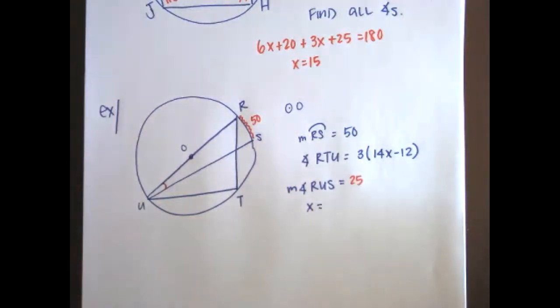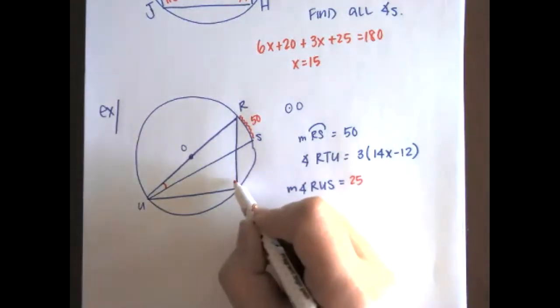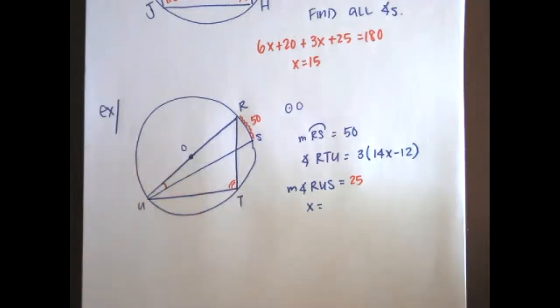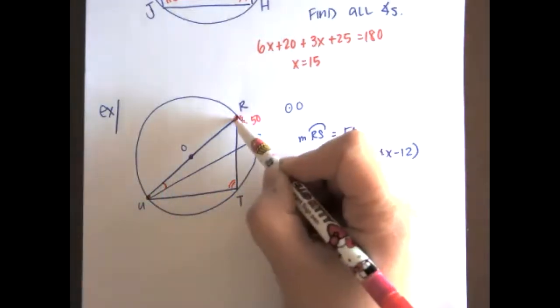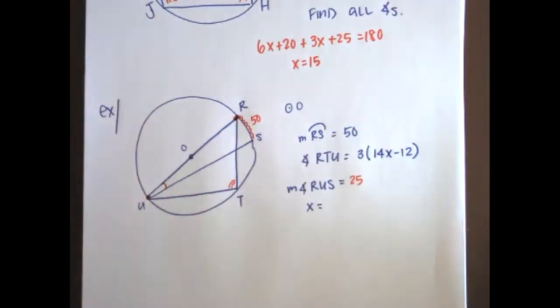For x, this is the angle that we know is 3 times 14x minus 12. That angle, if you look at the endpoints of that angle right there where it hits the circle, those are the endpoints of the diameter. So that tells you that angle T is a right angle.